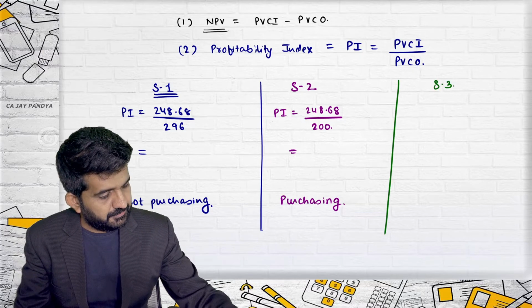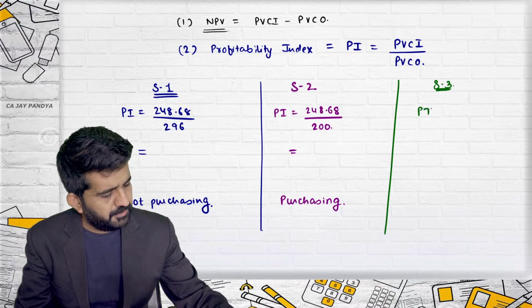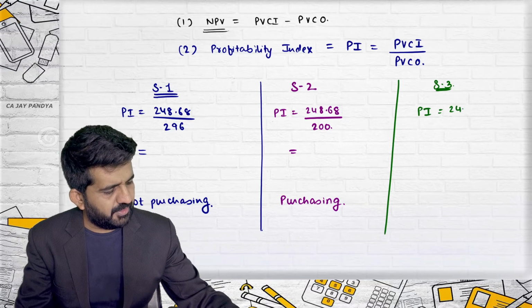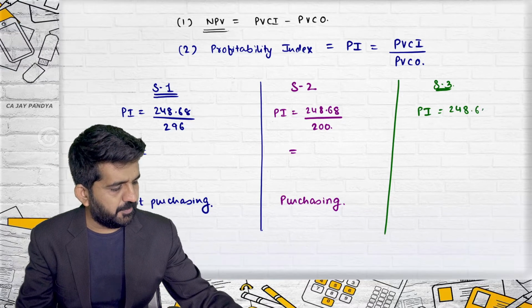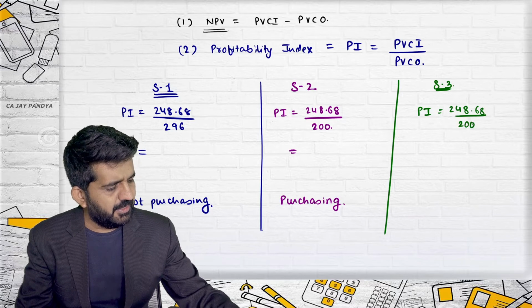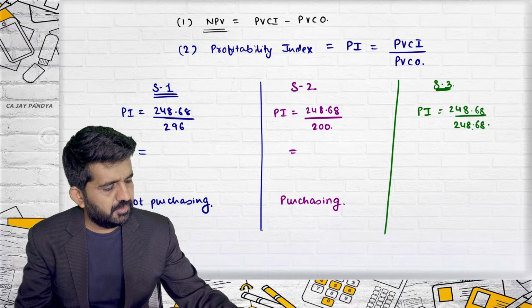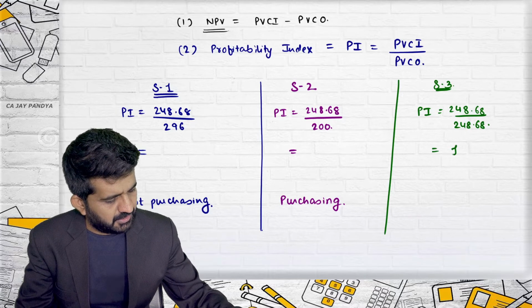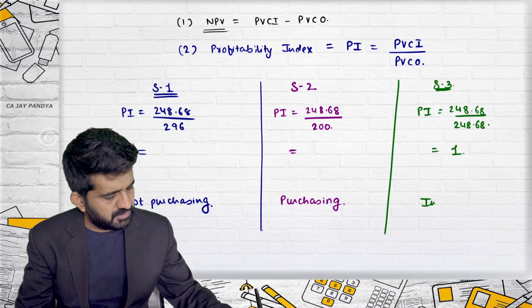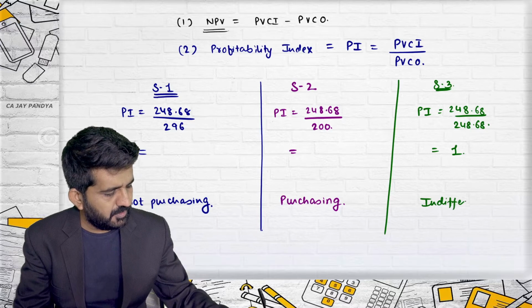Situation number 3. You were indifferent. PI: present value of cash inflow was 248.68 divided by 248.68. The answer will be 1. What was the answer? You were indifferent.